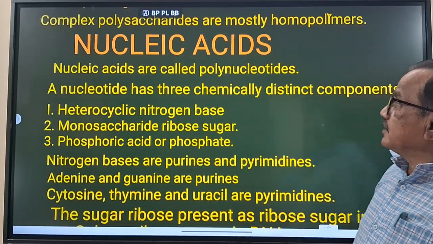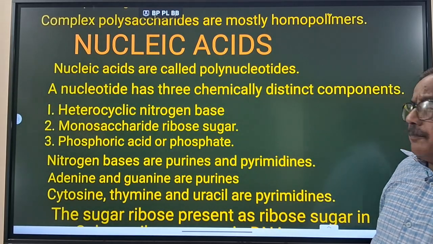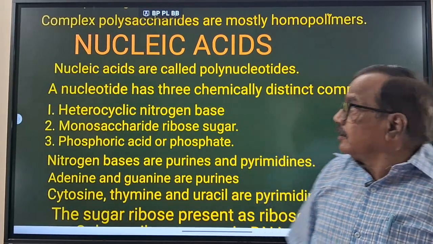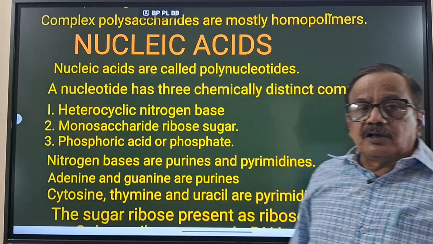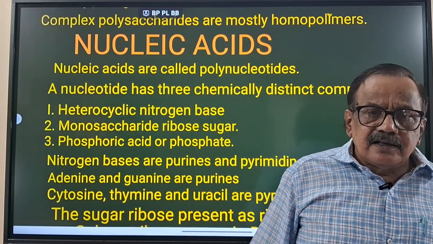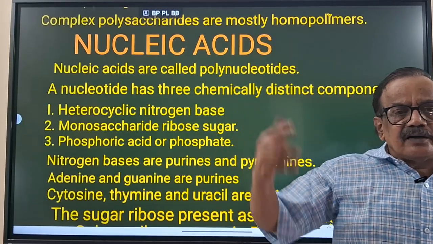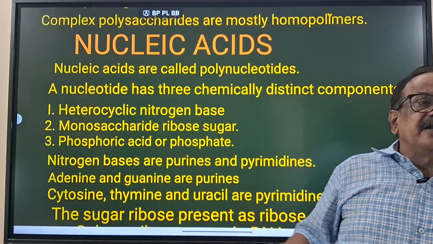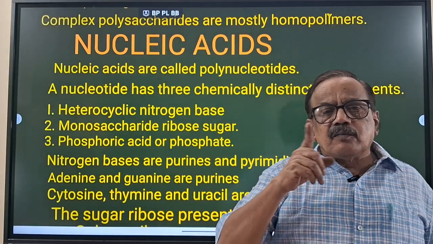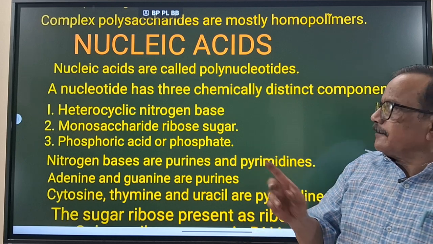So nucleic acids are polynucleotides. It is a polymer made up of nucleotides. Polysaccharide we told; here it is polynucleotide. Nucleotide is the monomer which forms the nucleic acid.